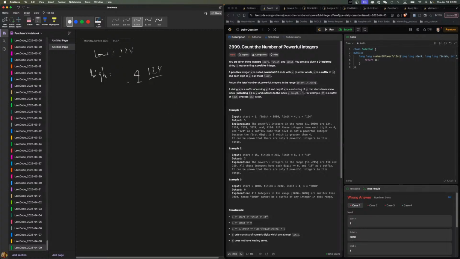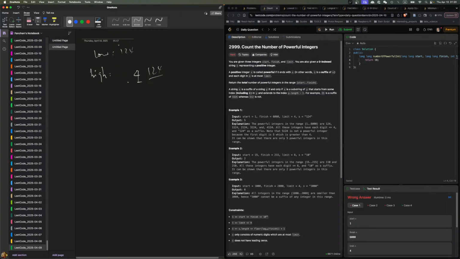Now we have the low bound, we have a high bound. Now among them, we have tons and tons of numbers, right? We want to find out numbers with digits, essentially, not bigger than the limit. How many numbers among all of them, with also the limit of the suffix?